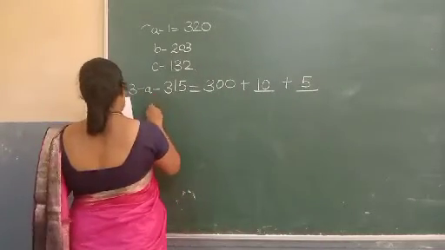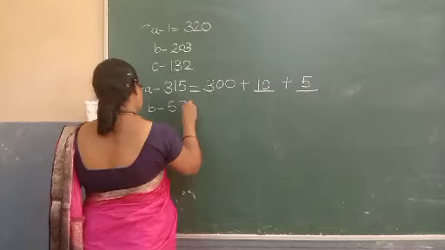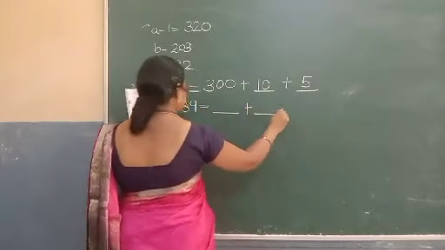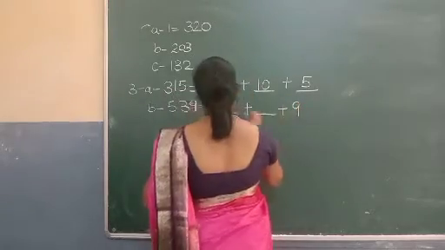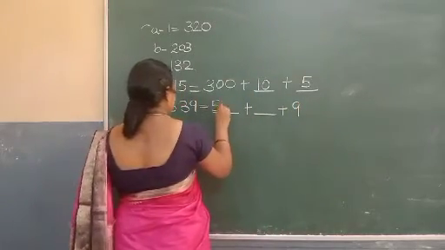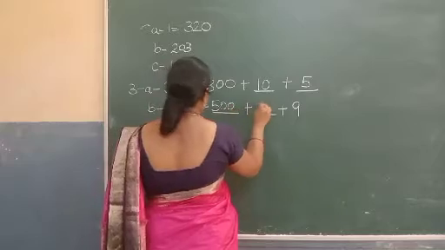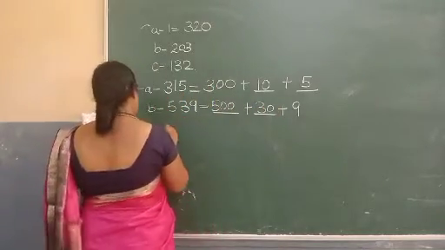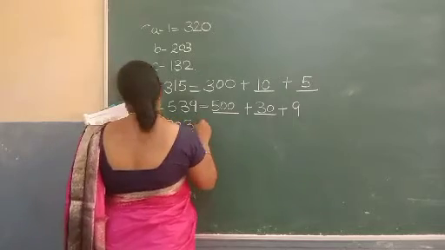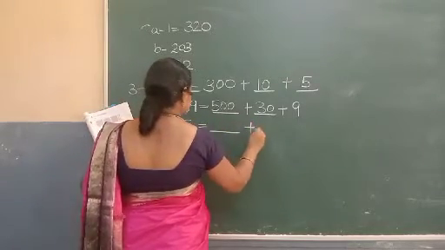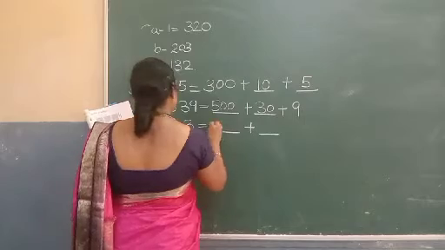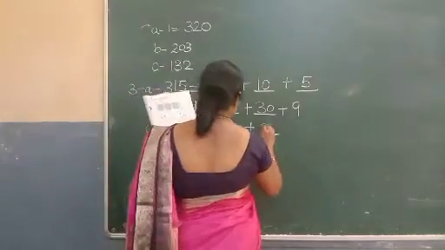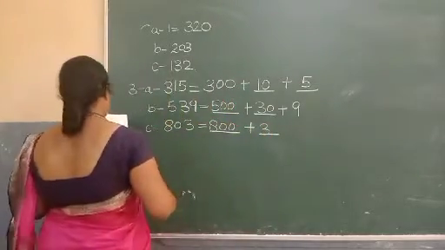Next B, 539: dash plus 9. So here we are writing 530. Next C, 803: 800, no place value of 0, so you can write 803.